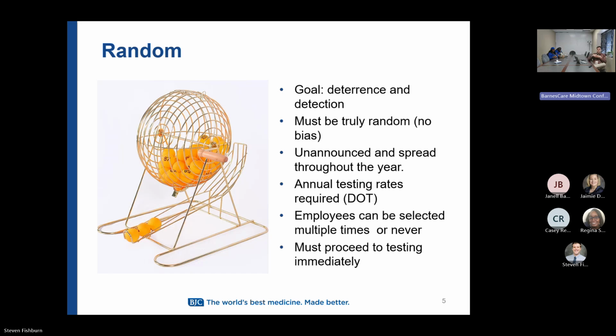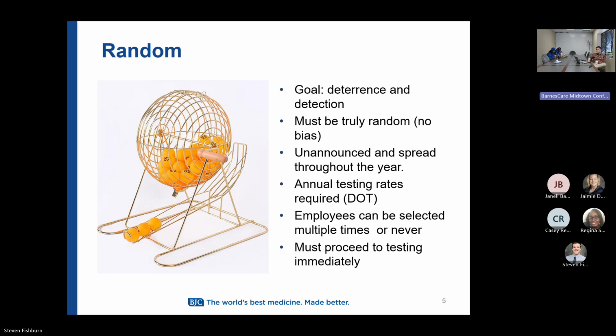So you can be never selected, and some people can be selected multiple times a year. That always is weird because some people are like, well, they're picking on me because I have to do all these randoms. No, it's just how the pool works. It's just how the random selection works. These are usually unannounced, and they're spread throughout the year.